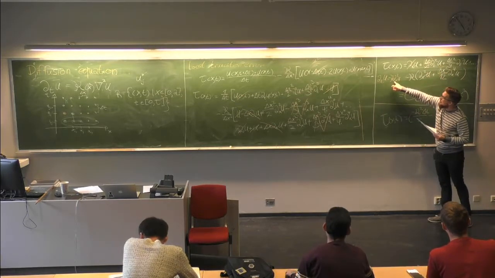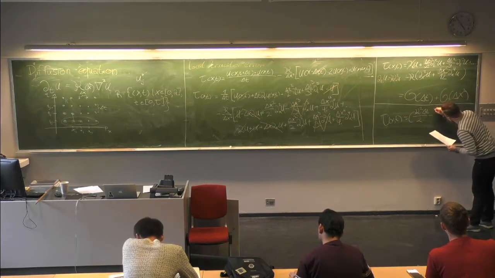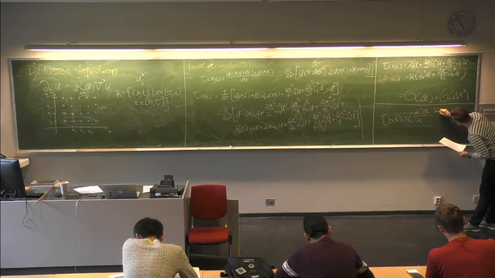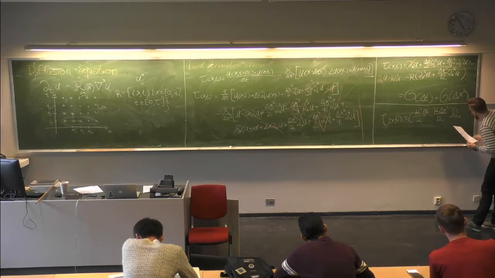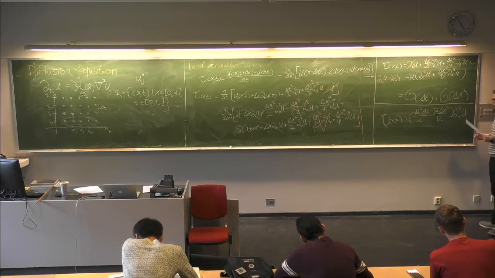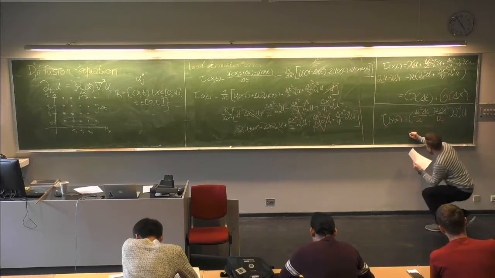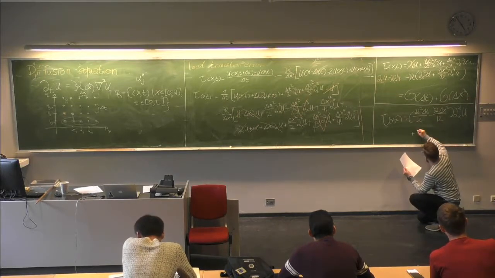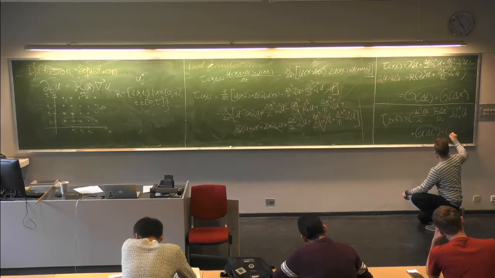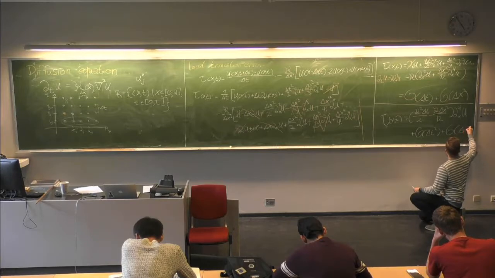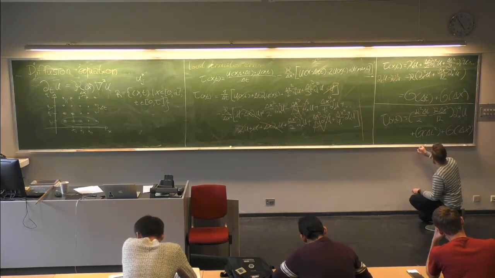This one squared should be squared, x squared, 12 dx 4 of u, plus some term big O delta t squared plus big O delta x to the power of 4.